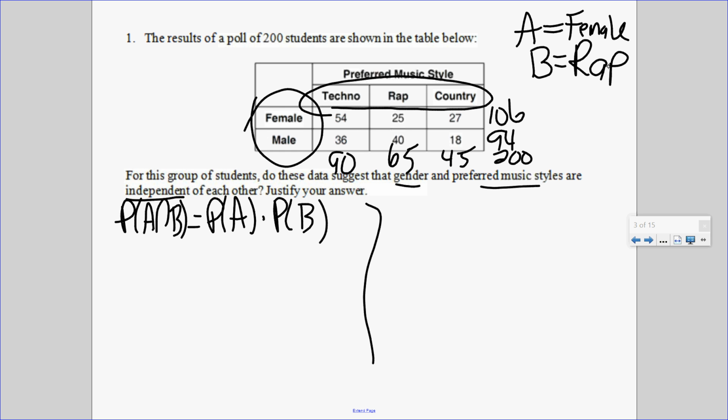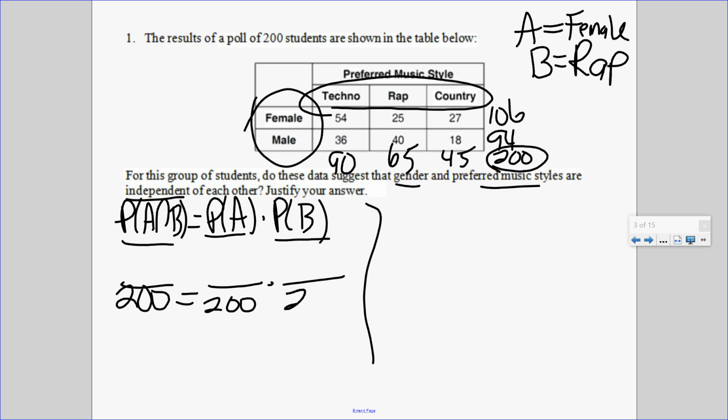So P of A and B. So first of all, there's no condition in either of these, which makes the total the denominator for each one. That's the main reason why I like using this formula, because there's no condition, and I feel like conditional probabilities are a little bit trickier. The denominator is going to always be the total.